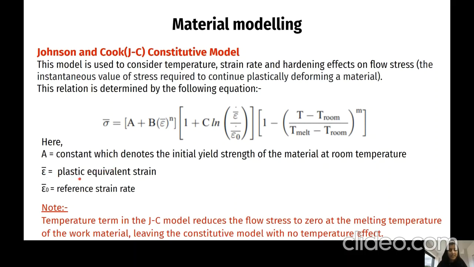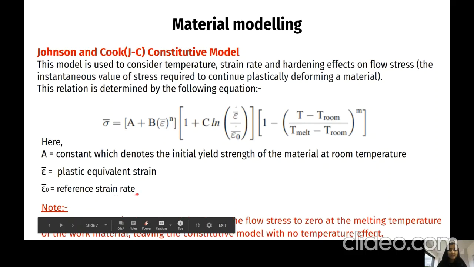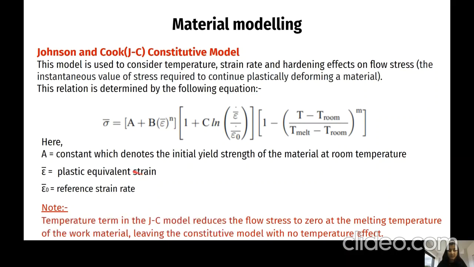Epsilon is the plastic equivalent strain. Epsilon naught is the reference strain rate. This is used to normalize the plastic equivalent strain. Rest, B, n, m are constants which are specific to the material being used. T room is the room temperature, T melt is the melting temperature, and T is the current temperature.